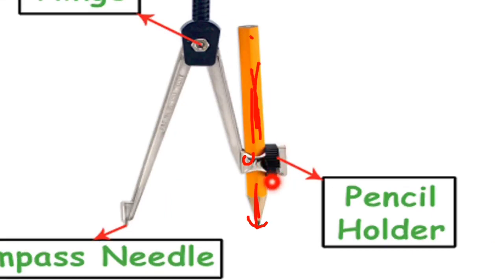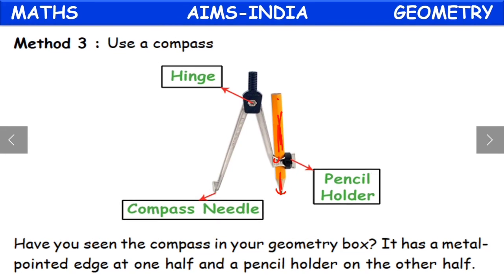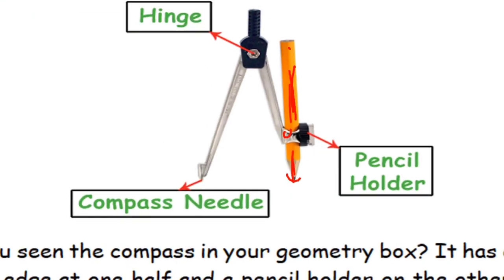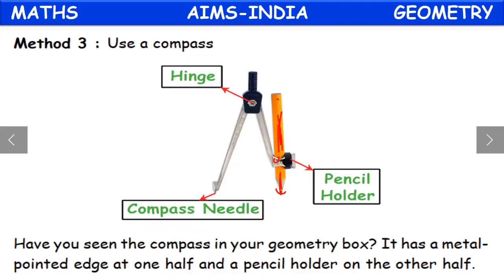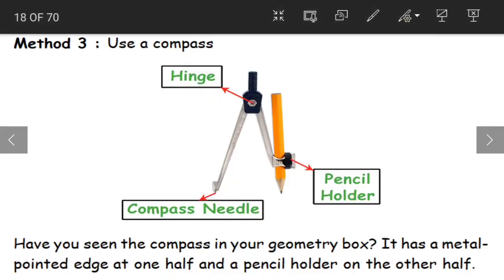Okay, so when you place your pencil inside, now how to place the pencil inside? Are you seeing this black thing here, children? So when you loosen this black thing, for some compasses it might be black, and for some compasses it will be the same color as the compass, that is, the metal color. Okay, what will happen is, I'll show you. Sometimes this black thing will be here.